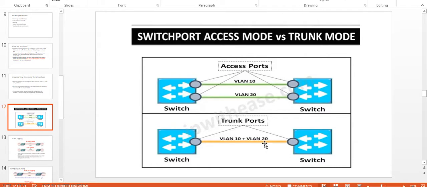Similarly, all the PCs of VLAN 20, the virtual LAN, can communicate with each other but only with themselves, right? VLAN 10 PCs cannot communicate with VLAN 20. For that, we will be discussing details shortly.